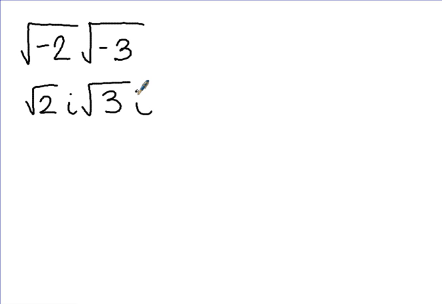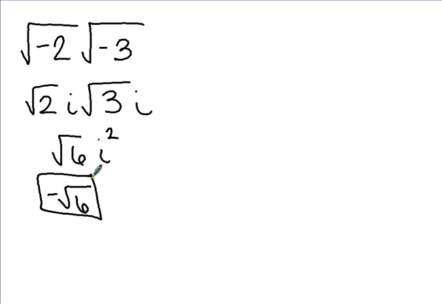Well, the square root of 2 times the square root of 3 is the square root of 6. i times i becomes i squared. Well, we know, or we can look up, that i squared means negative 1. So this is really negative 1 times the square root of 6, or we could say negative root 6. Okay, so we're just simplifying complex numbers. All right, let's look at another one.